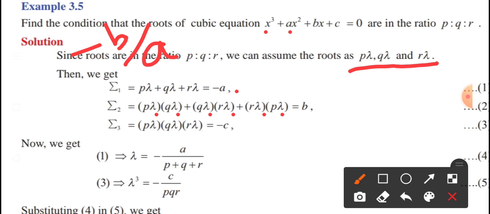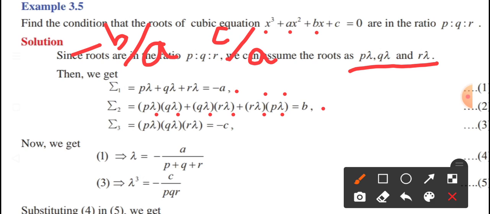So p lambda into q lambda plus q lambda into r lambda plus r lambda into p lambda. What is the formula? c by a. Here c is equal to what? Yes, very good, b, and a is equal to 1. Then we substitute in this formula, so we get the answer b. So sigma 2 is equal to b.